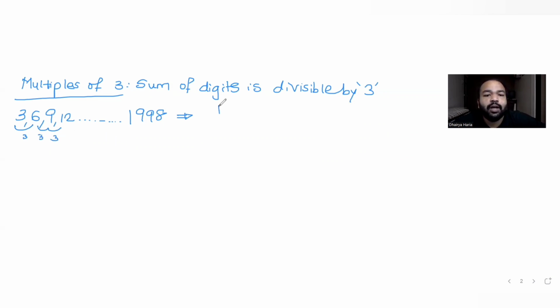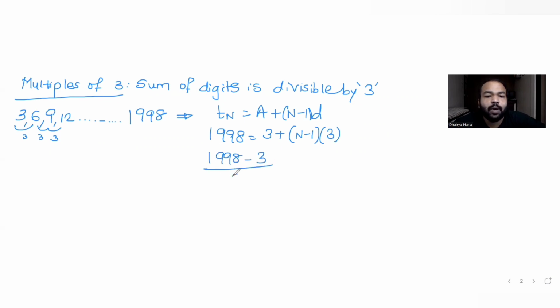If I use the idea that the nth term is a plus n minus 1 times d, the nth term is given to us as 1998. It's equal to 3 plus n minus 1 times the difference, which is also 3. So what I can do here is 1998 minus 3, divided by 3, equals n minus 1.